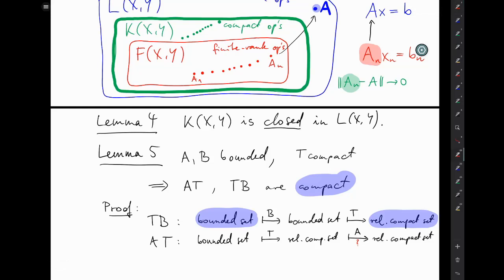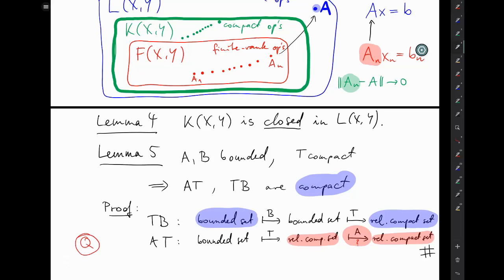So for this proof it remains to be shown that a bounded operator A maps relatively compact sets into relatively compact sets, and as soon as we've done that, we have finished our proof. Well, let's put this down on our list of questions that, if you want, we can address in the exercise session.